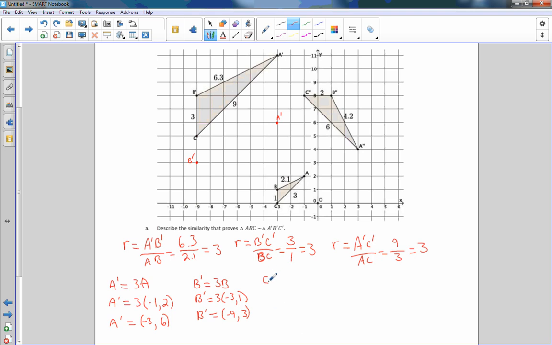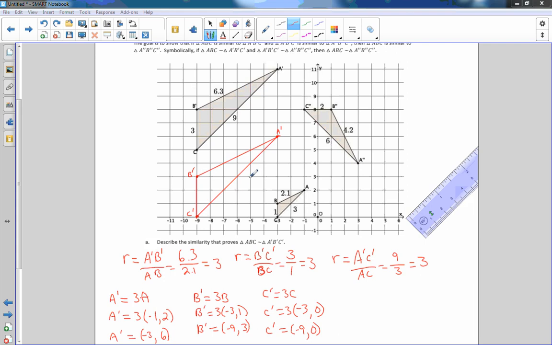And then finally C prime equals 3 times C, which is at -3, 0. So C prime is going to end up at 3 times -3, which is -9, and 3 times 0 is still 0. So I go -9, 0, and there is my C prime. Okay, so now I have connected those dots, and we'll see if it's the same.